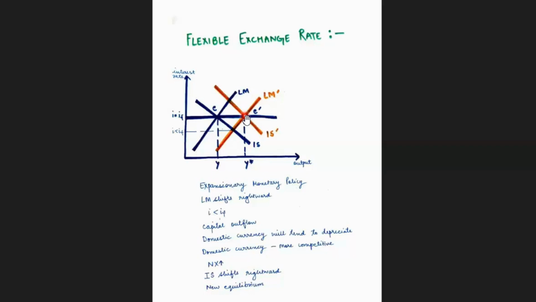However, we have achieved a higher level of output, and there is also an improvement in the trade balance because the domestic currency has become more competitive and there is an increase in the net exports. So, under the flexible exchange rate, monetary policy turns out to be very effective because we have achieved a higher level of output and also our trade balance has improved.